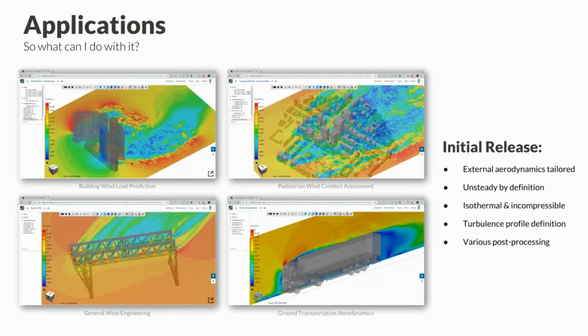And that's what led to Pacefish. At the bottom, you can see some other applications that are already possible, but the initial feature set is really a minimum viable version specifically targeted at aerodynamics of buildings. On the right, a couple of more details to that.